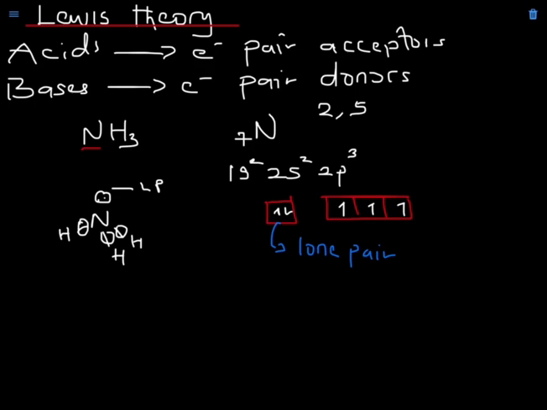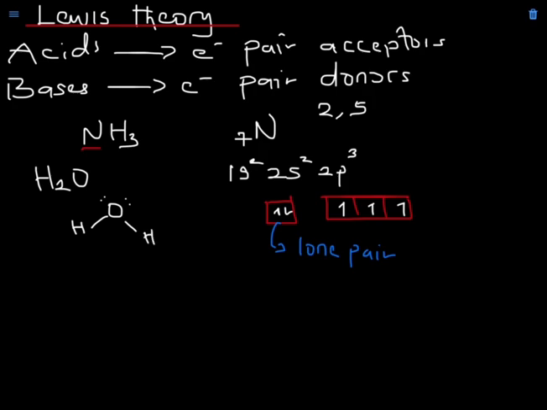In a nutshell, any compound that contains a lone pair is a Lewis base. For example, ammonia is a Lewis base. Water is also a Lewis base because water contains 2 lone pairs on oxygen. So those are the Lewis bases that we have.